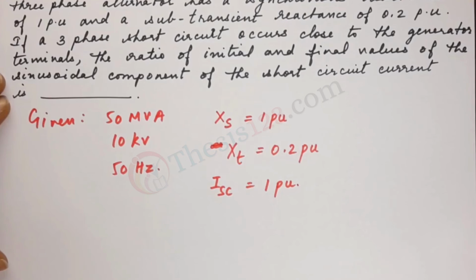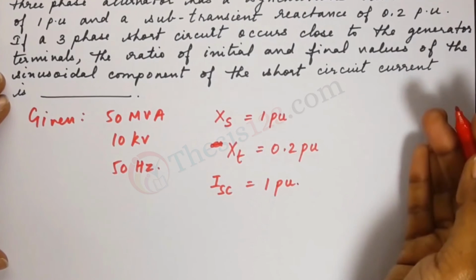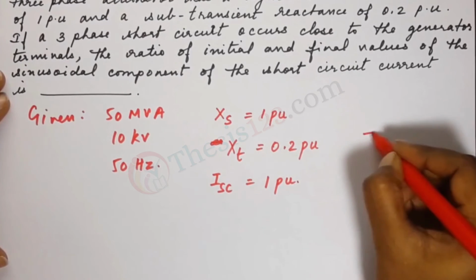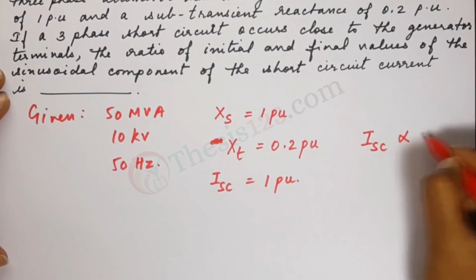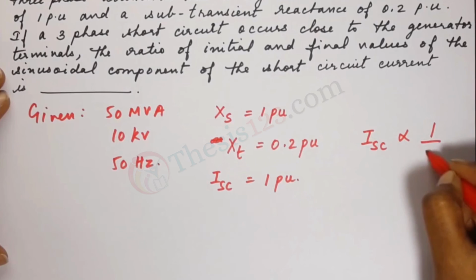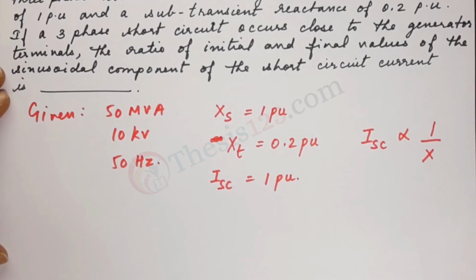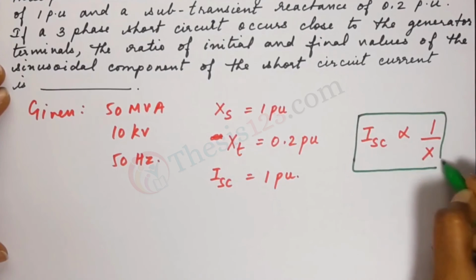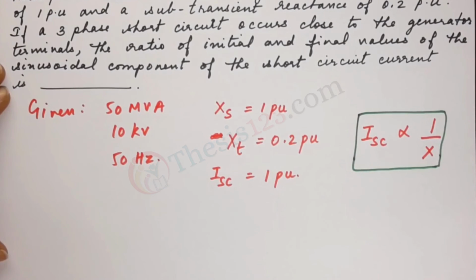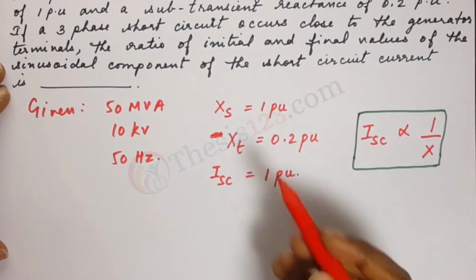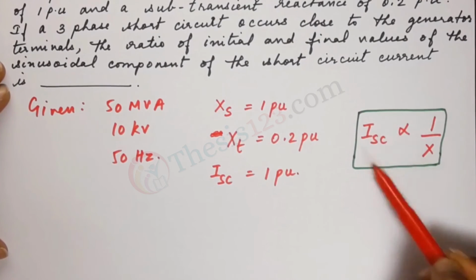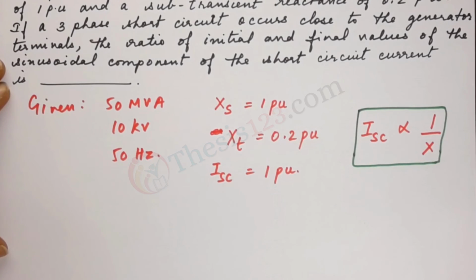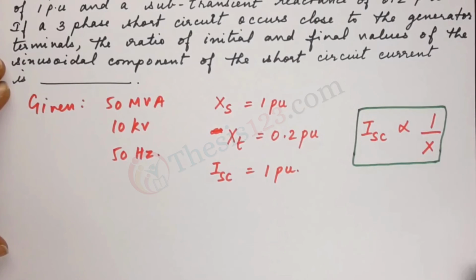In a 3-phase alternator, the short circuit current is inversely proportional to the reactance X. This is an important relation, and it is the relation that is actually going to help us solve the problem. From here we can write a ratio of the currents in both instances.